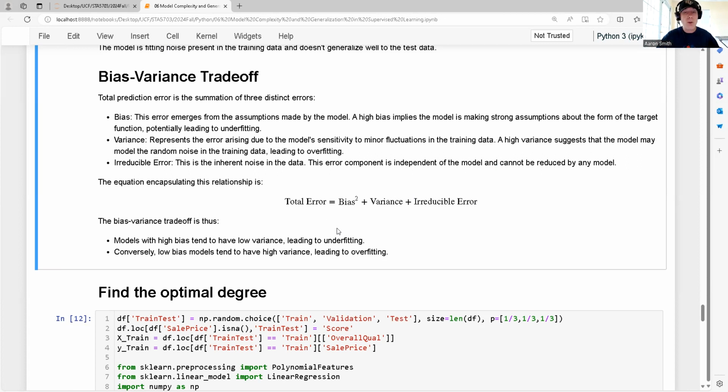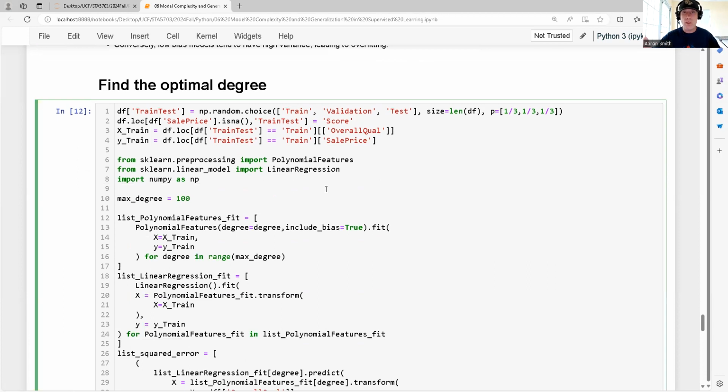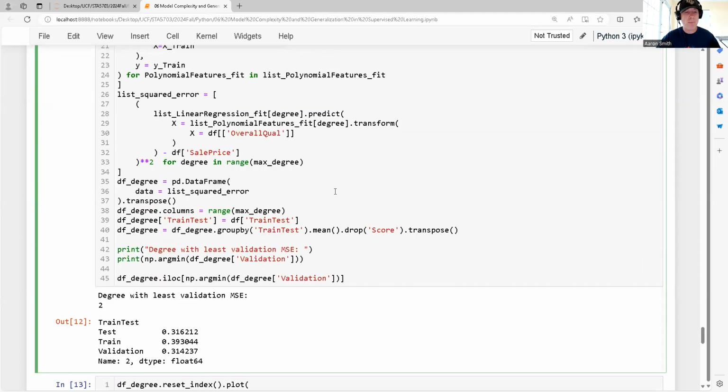All right, so now let's talk about finding the optimal degree. Let's go ahead and redo this polynomial fitting, but this time I want to go degree 1, degree 2, degree 3, degree 4, go all the way through all the possible degrees, and then check to see which one is the best. Here's the code for how I did this.